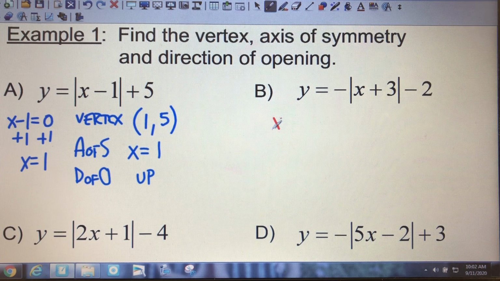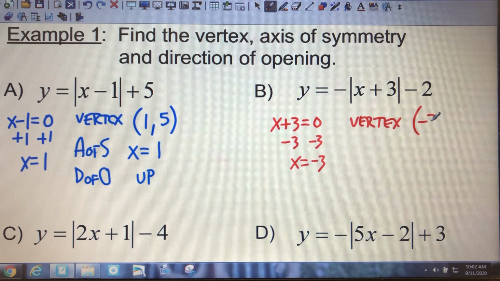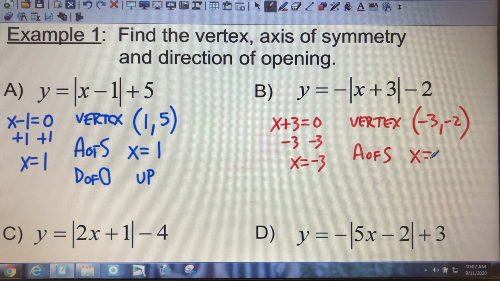So again, set that inside equals 0. This will get your right-left movement. So you guys should figure this out, that it goes left 3. So your vertex is going to be -3, -2. Okay? Your axis of symmetry is what we just found out there, that x equals -3.